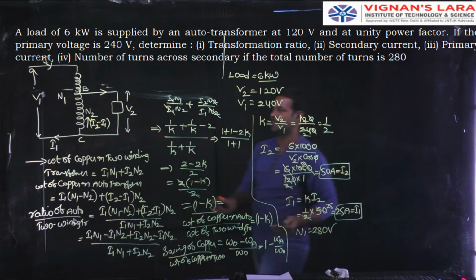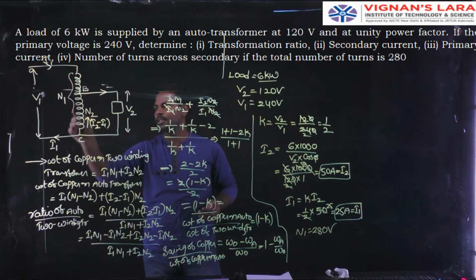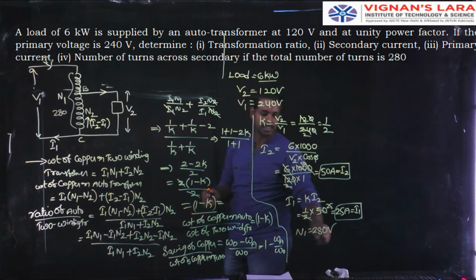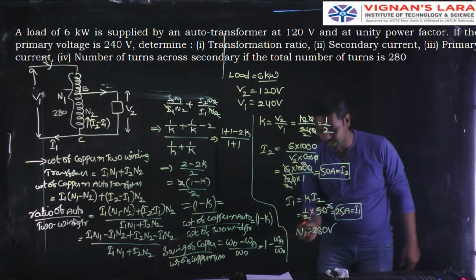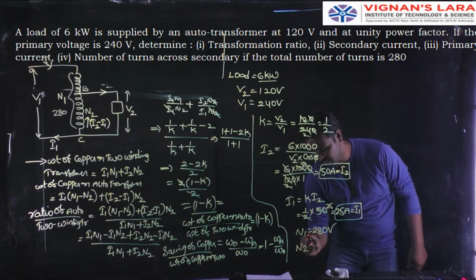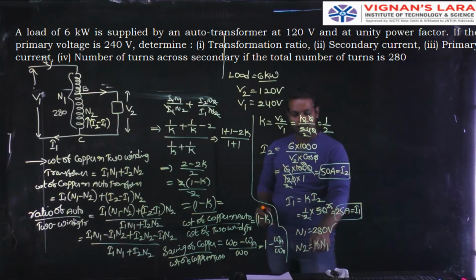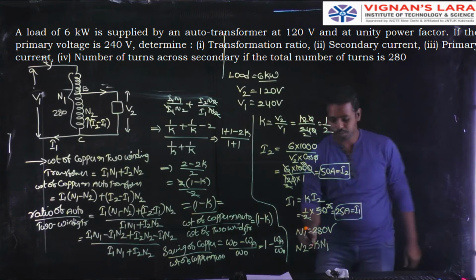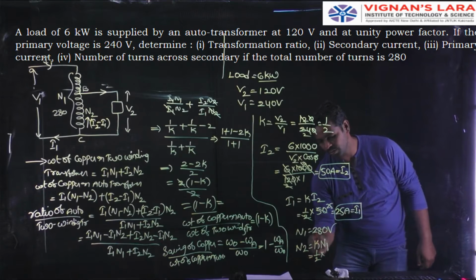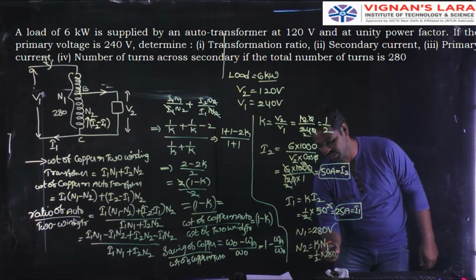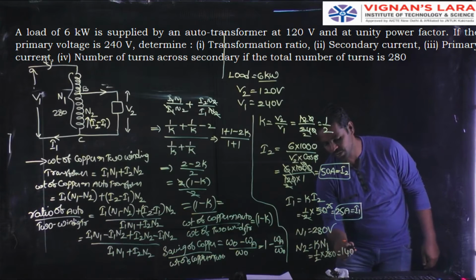So N2 is equal to K times N1, because K is equal to N2 by N1. So from this equation, N2 is equal to 1 by 2 into 280, which is equal to 140 turns.